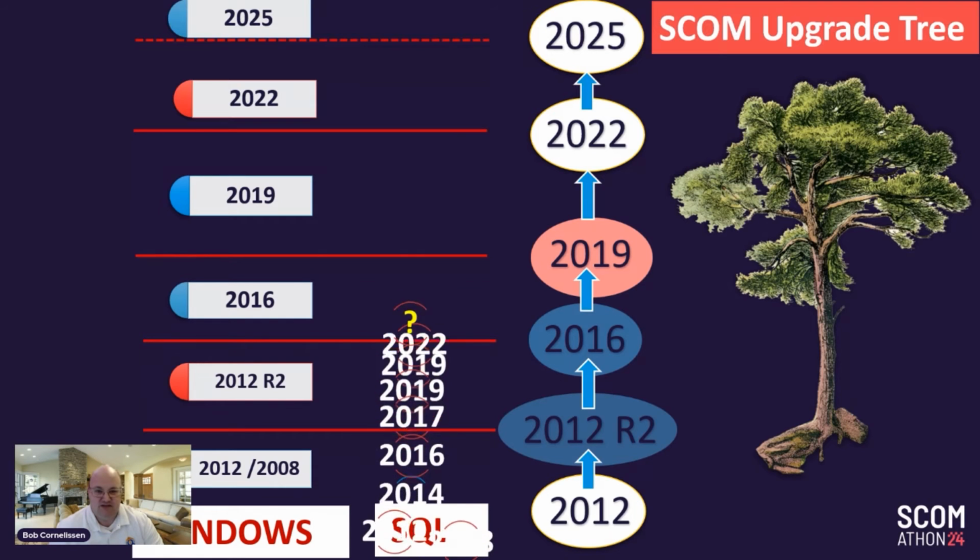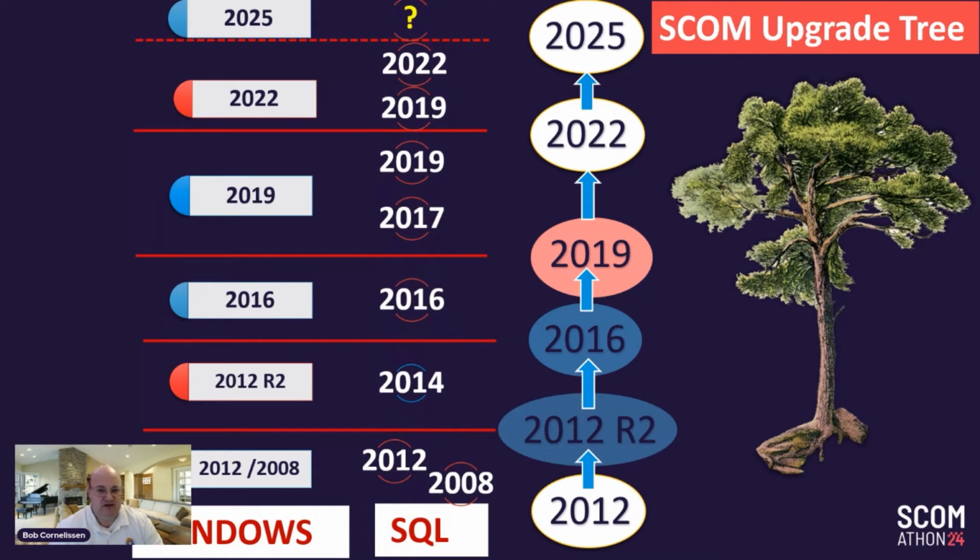Now let's add some SQL to it. Looking again at SCOM 2022, we will see that we have SQL 2017 and 19 below the line. And of course, we also see SQL 2022 above that line as well as supported within this version.